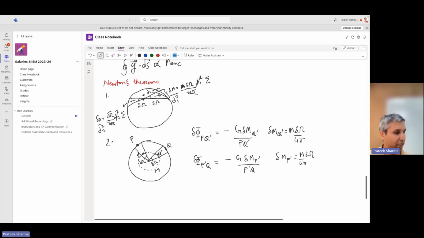So what it means is that the potential at point P is equal to the potential at point P prime. The potential at point P due to the mass in this shell is the same as the potential at this point P prime due to the same mass spread over this bigger shell.